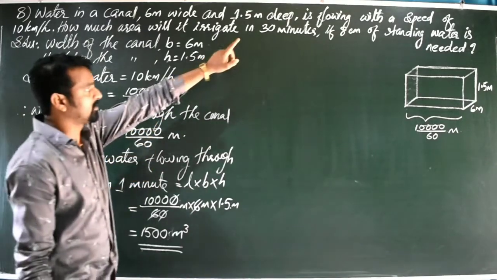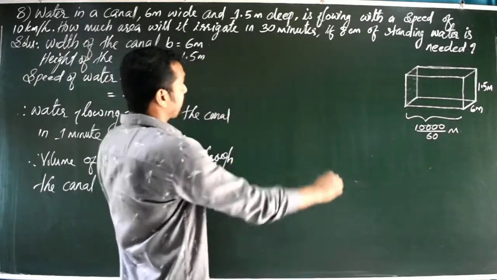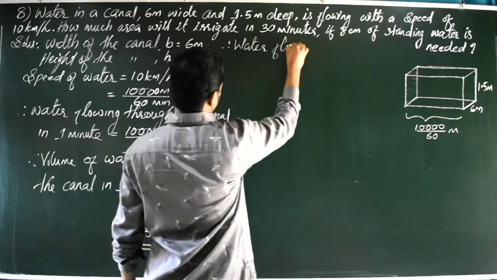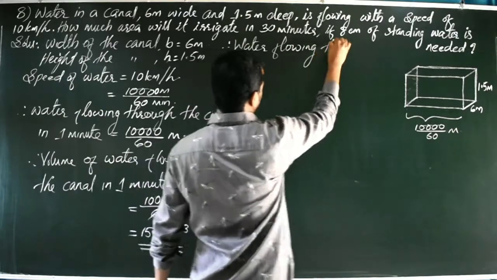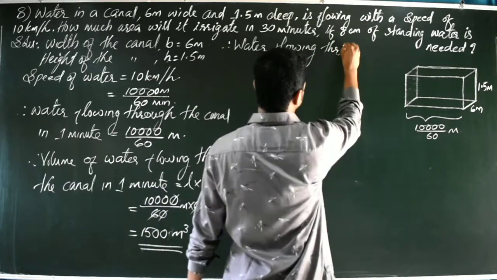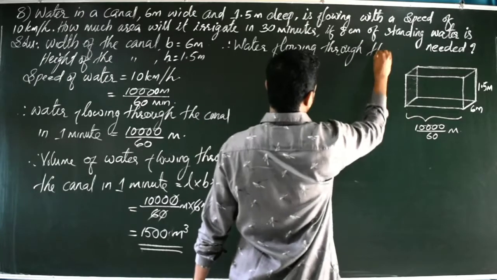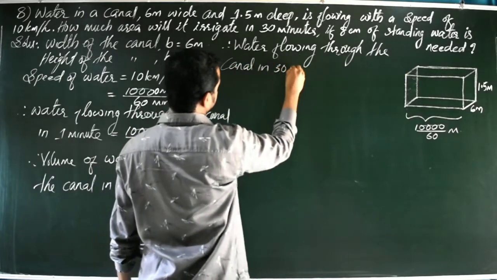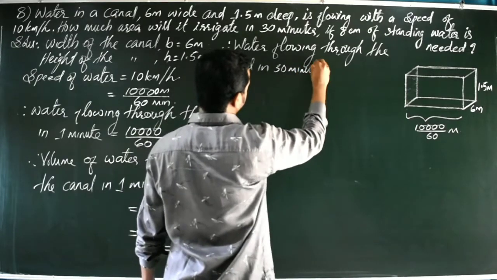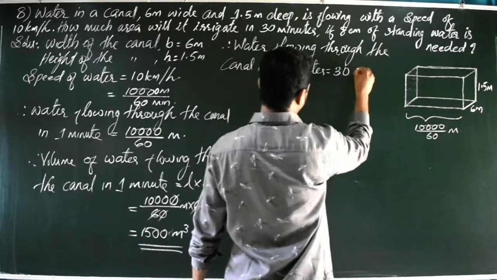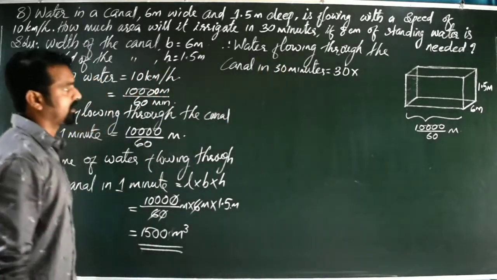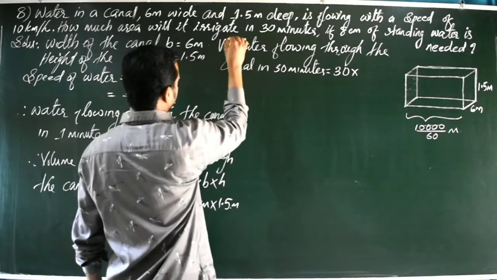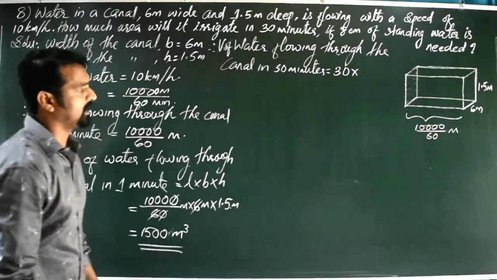Then how many minutes we have to find out? 30 minutes. That is, therefore water flowing through the canal in 30 minutes is equal to 30 into, in 1 minute volume of water, then this one is volume of water flowing through the canal in 30 minutes.